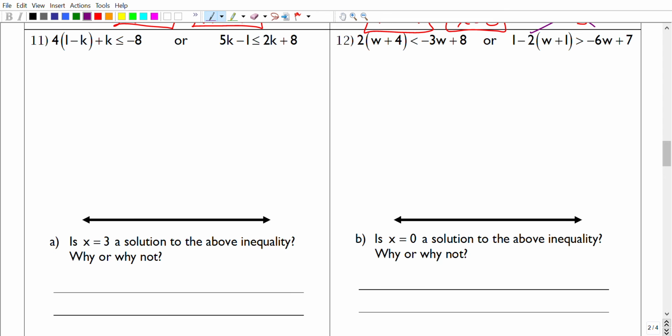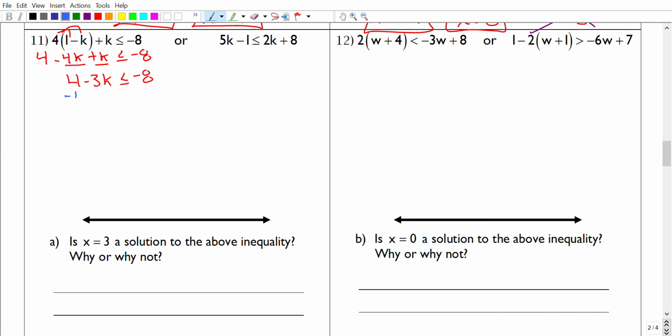Okay, let's take a look at these last two problems and we will be done with today's video. So now we're just, again, continuing on with solving inequalities, now with a few more steps, but again, nothing we can't handle. So this is 4 minus 4k plus k is less than or equal to -8. So before we start doing any division or anything like that, we can combine like terms right there. So we have 4 minus 3k is less than or equal to -8.